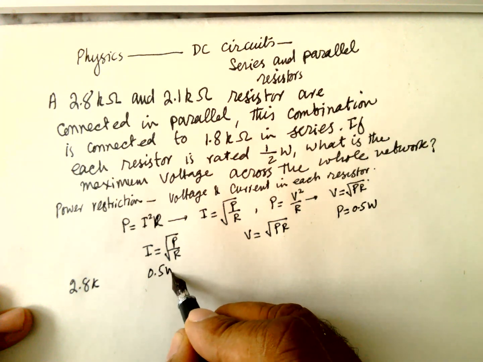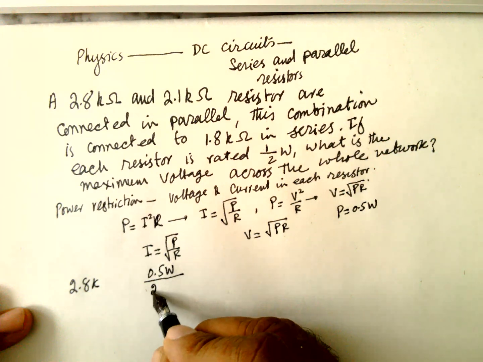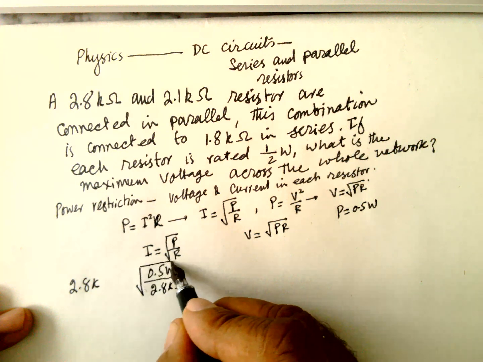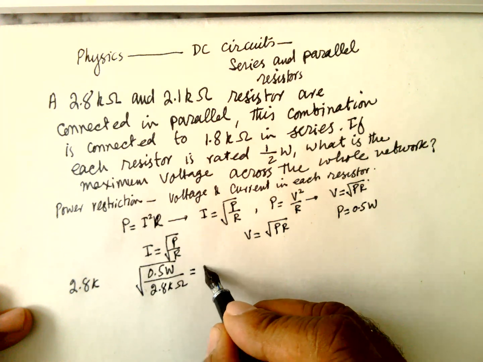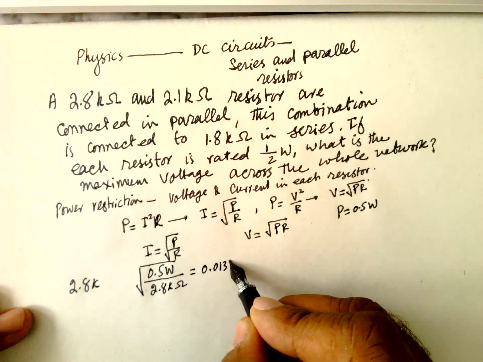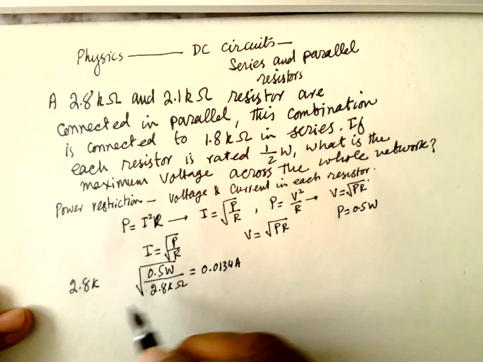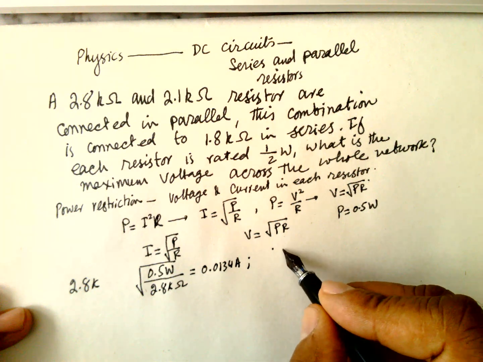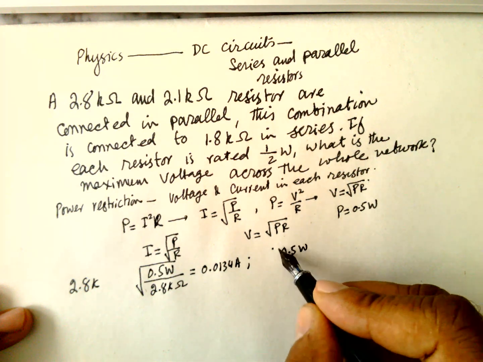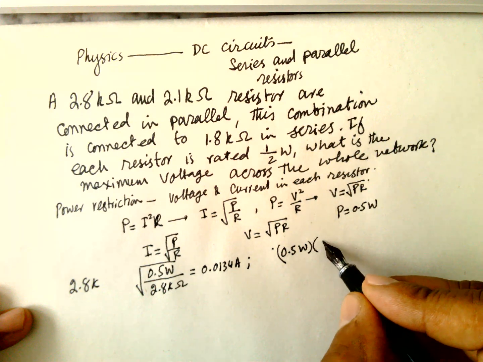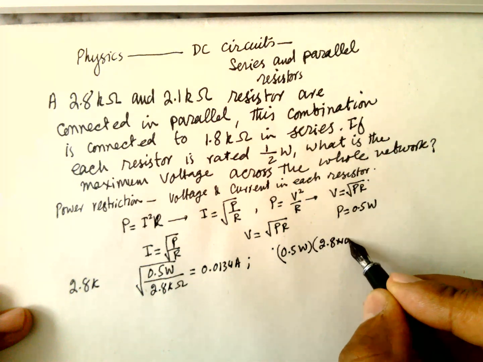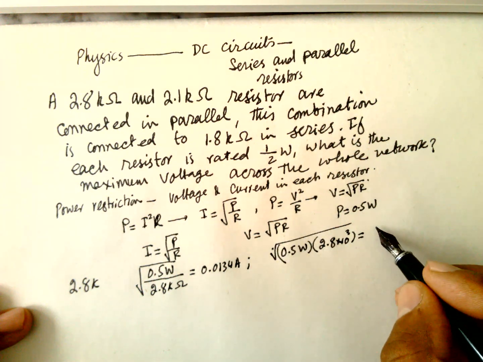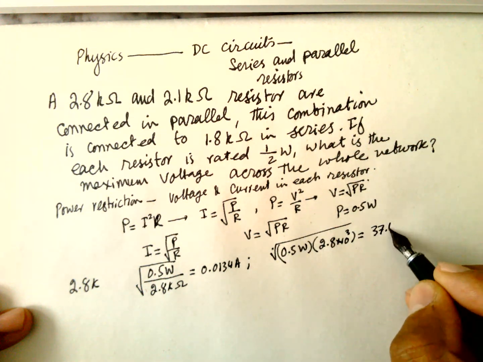So the square root of half watt over the resistor 2.8 kilo ohm is equal to 0.0134 amp, and the voltage is equal to the square root of P, half watt, times the resistance, 2.8 times 10 to the power 3, which is equal to 37.4 volt.